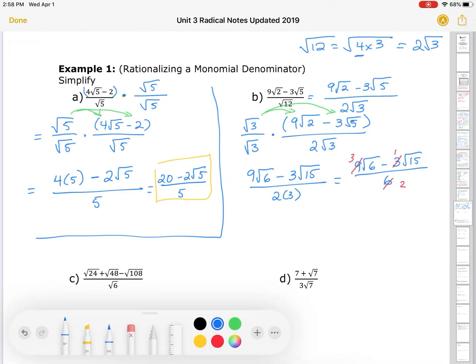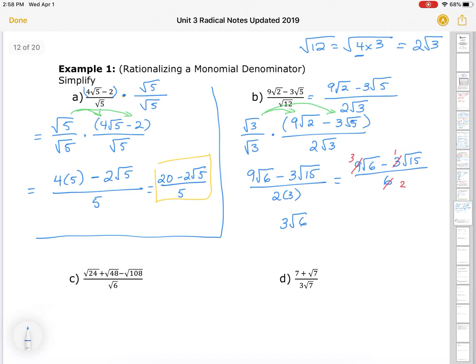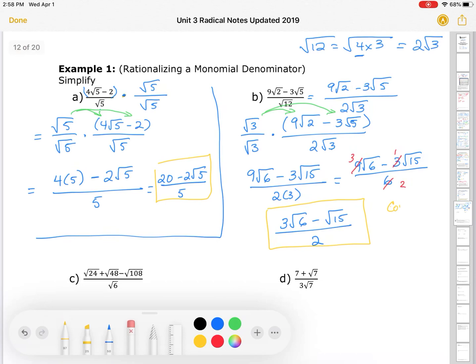I get a 3 here, a 1 here, and a 2 there. 9 divided by 3 is 3. 3 divided by 3 is 1, and 6 divided by 3 is 2. So I'm going to have 3 root 6 minus root 15 all over 2. And at that point, it is now in simplest terms. There's no common factor, so that one is done.